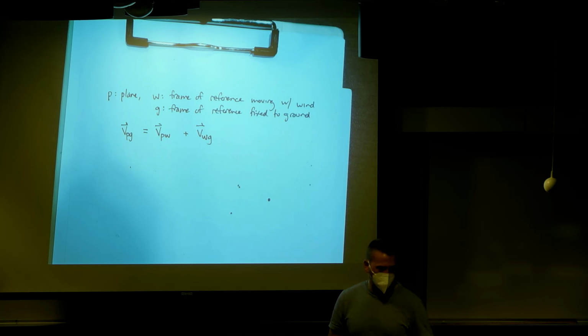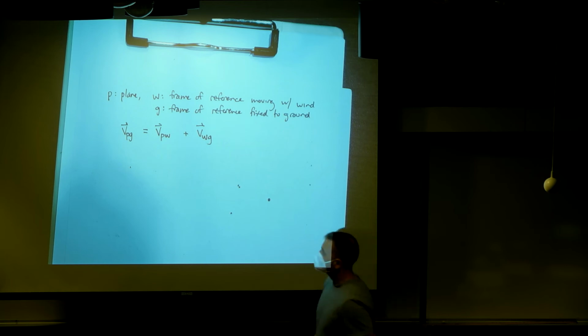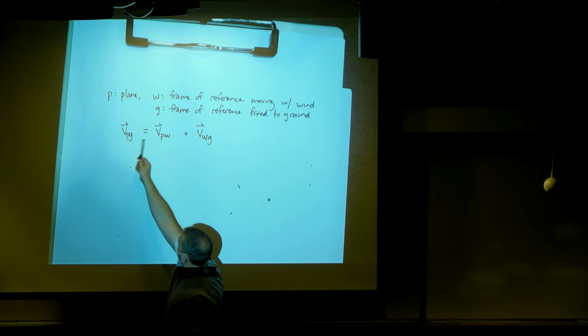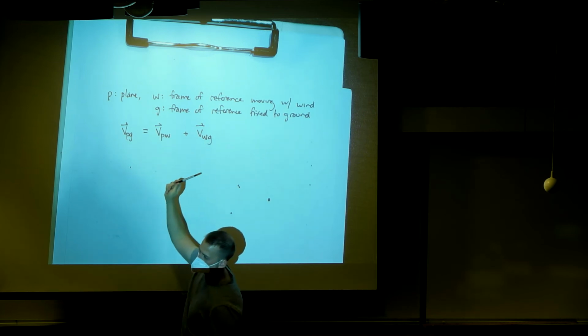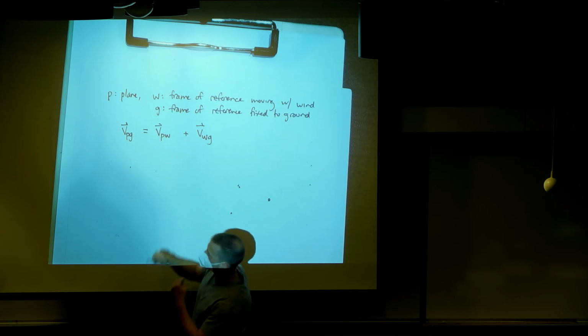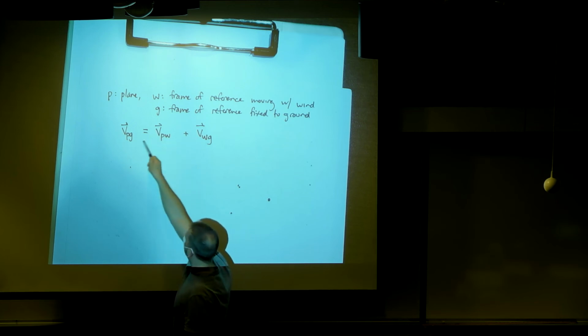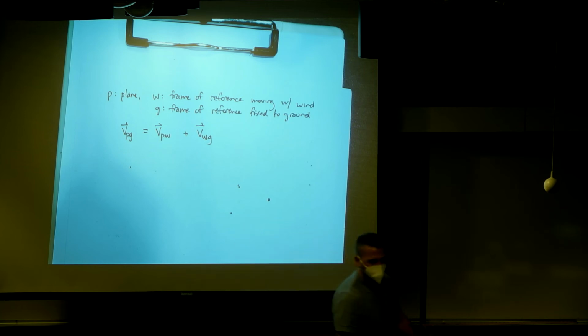Remember, there's a little trick. The subscripts can appear in a certain order. If P is the subscript on this side, on the left, it should be on the left on this side. So that matches, right? If G is the subscript on the right over here, it should be on the right on that side as well. And then the W subscript would be on the inside and not appear over here. Okay?